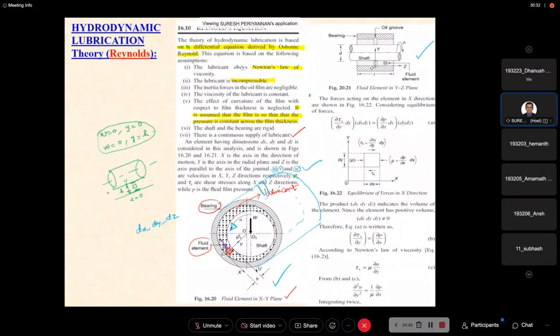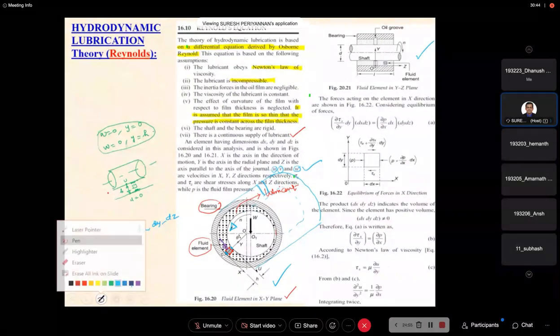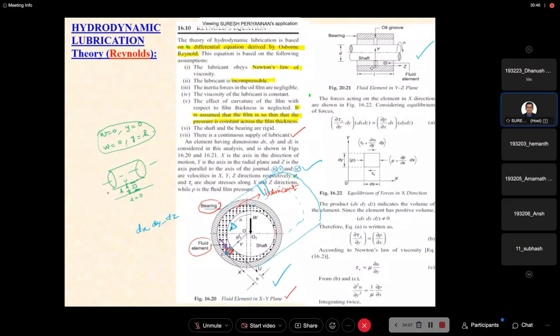Please reflect on this region and this region. Now I'm talking about this surface, the purple color surface.